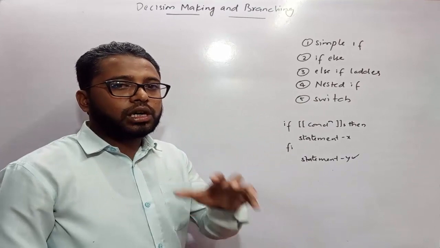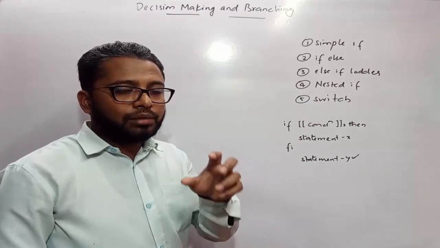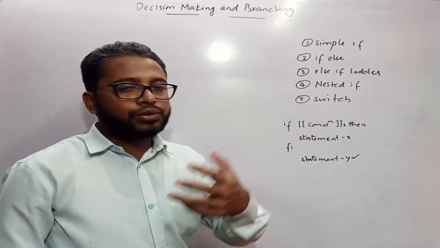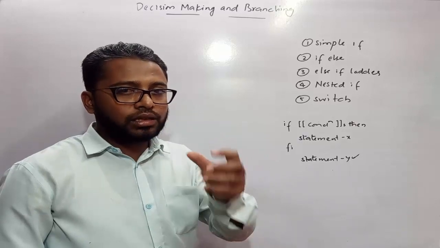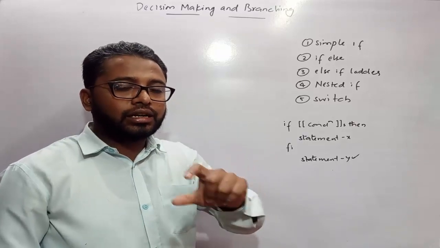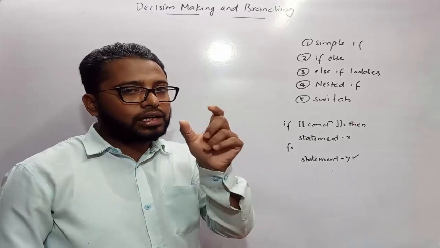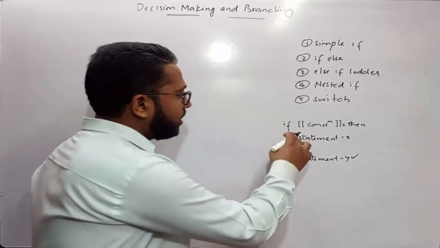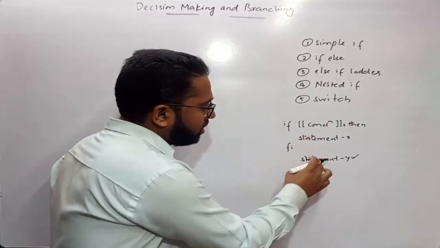Now I will consider a program in which I accept the age from the user and check whether the age is greater than 18. If that condition gets satisfied, then I will execute this block, otherwise this block.